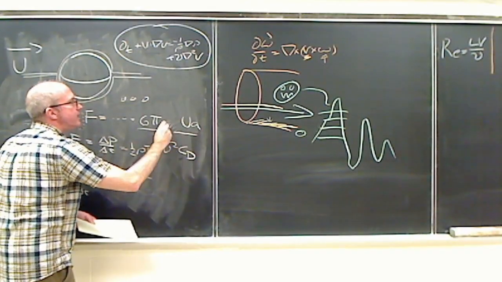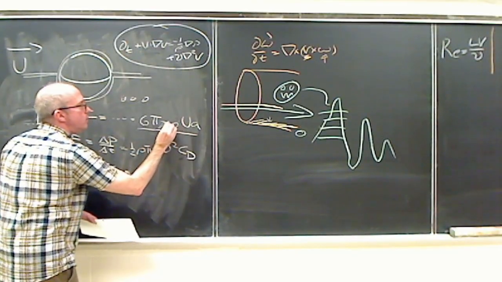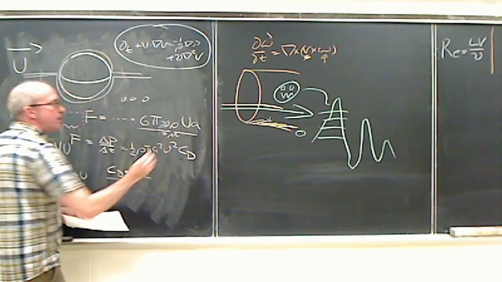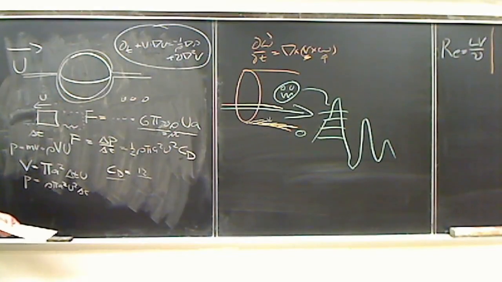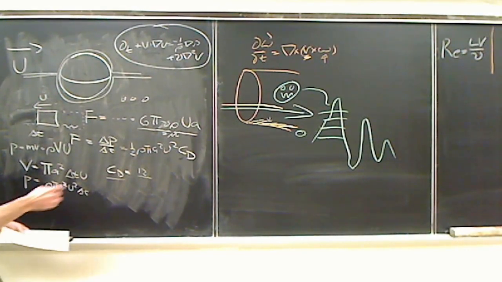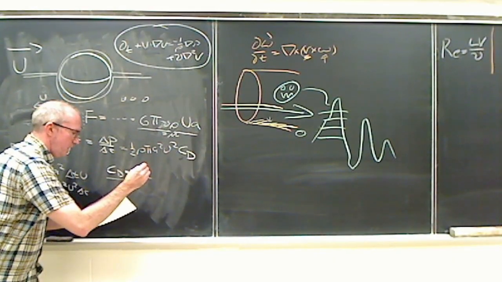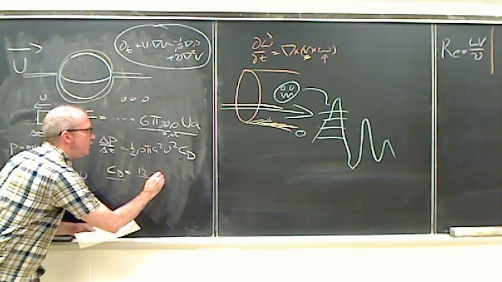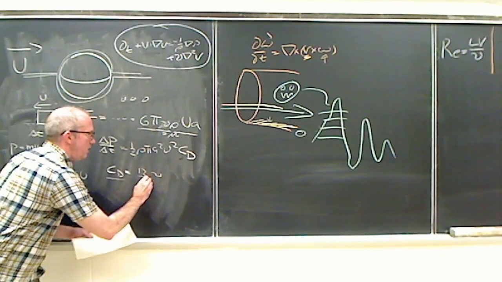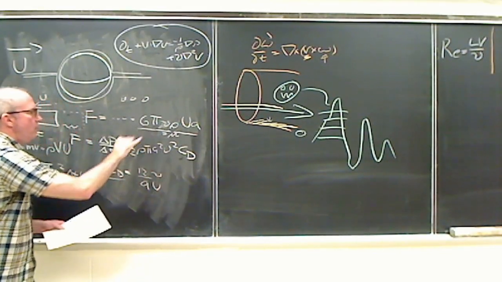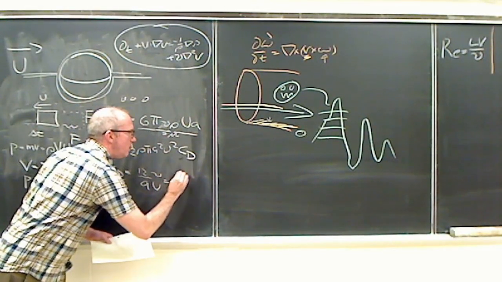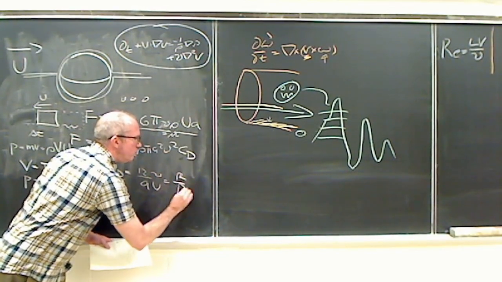I can rewrite this as nu times rho, which I'm actually going to do. The book uses mu, but mu and nu are related by rho. So here I'm left with 12 times nu over a times u when I do all the math, and this is just 12 over the Reynolds number.